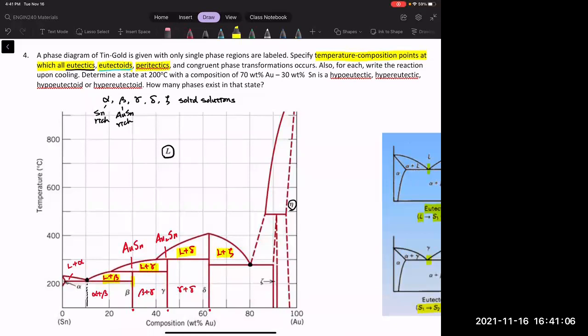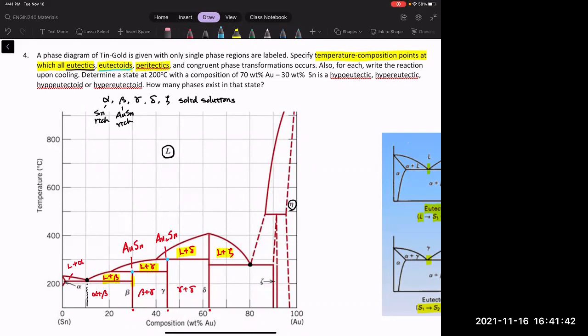So here, let me use a different color to represent that. Let's use, oh, we used the blue. Here you have a liquid plus a solid solution going into another solid solution, which is the beta, right? Over here, you also have this one here, which is the liquid plus delta, and becomes gamma.